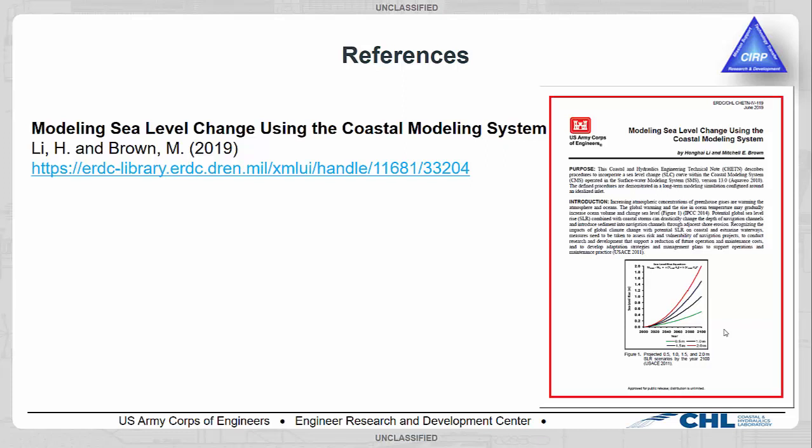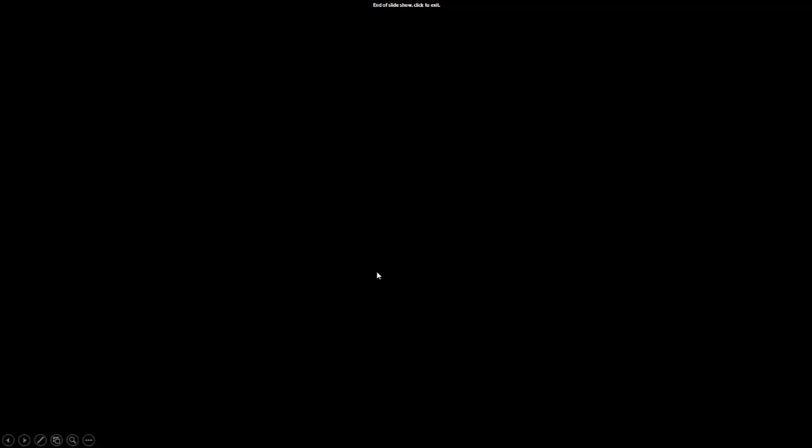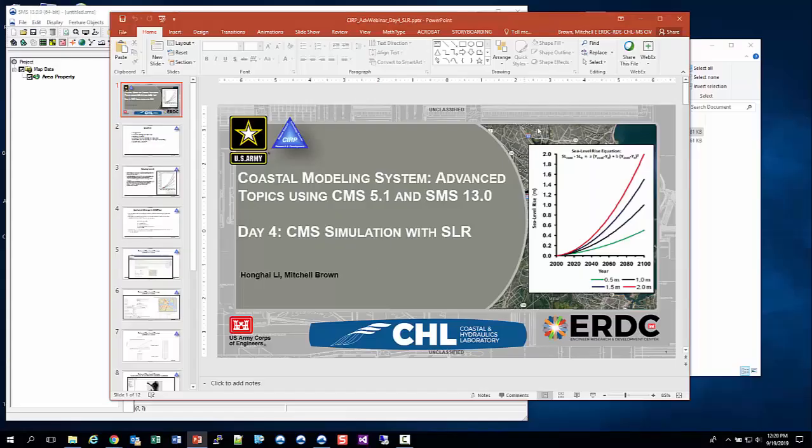It's a 100-year sea level rise from 0 meter to 2 meters. And then there's some model output and analysis in this technical note. So you can check the note for more detail. And yeah, that's about the presentation.